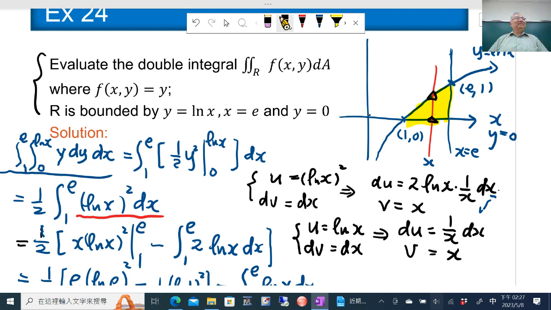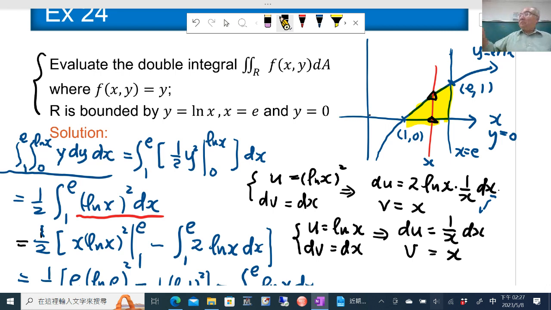Sometimes you might encounter a situation where doing the integration with dy dx is impossible. However, if you change the order to dx dy, it is solved. So every one of you in this class has to learn this technique, how to change order.